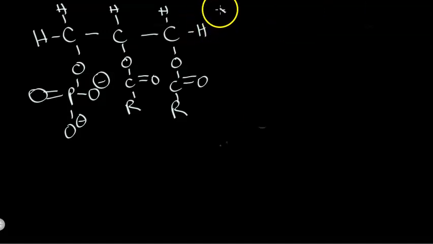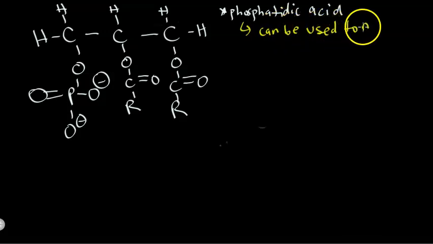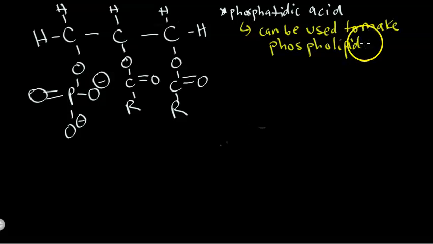So this molecule here is known as phosphatidic acid. And this molecule is really interesting because it can be utilized to make phospholipids by adding a head to it. But it can also be utilized to make triacylglycerides. So it can actually be used to make both.